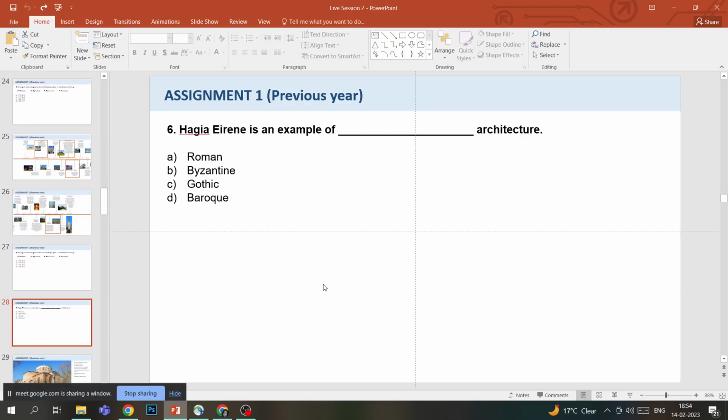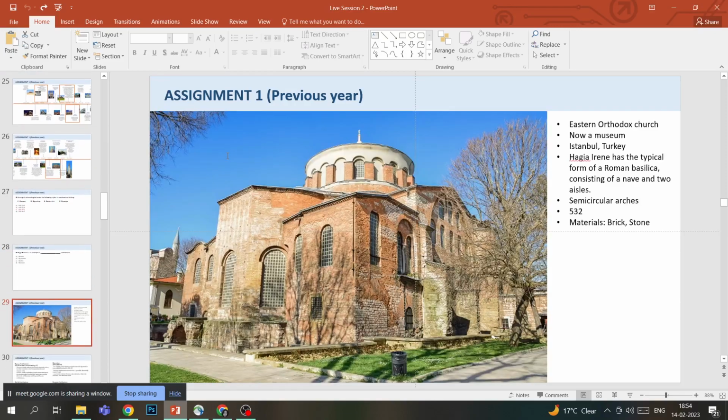Next question is, Haya Irini is an example of which architecture? So I just talked about Roman, Byzantine, Gothic, Baroque. We covered all these types just now. To be able to answer this question, we should know what Haya Irini looks like. So this is how Haya Irini looks like.